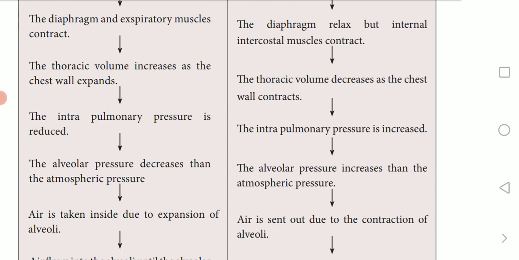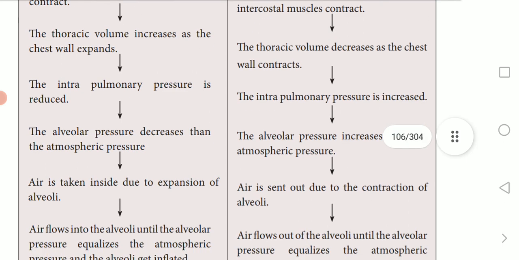Pulmonary means the lungs. The pressure between the lungs, in front, lateral and in between, all this we call intrapulmonary pressure. It is reduced in inspiration, whereas in expiration it increases.